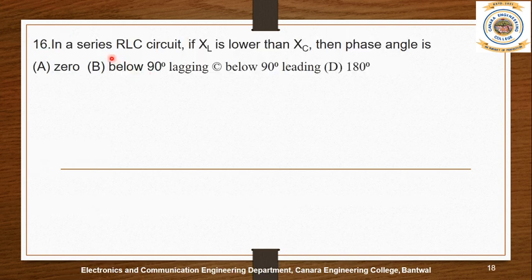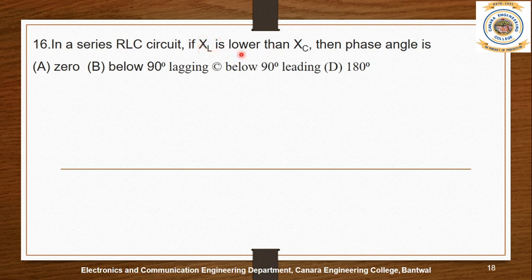Next, in a series RLC circuit, if XL is lower than XC, then the phase angle is 0, below 90 degree lagging, below 90 degree leading, or 180 degree. Now XL is lower than XC, so the equivalent reactance is capacitive in nature, because the difference becomes XC minus XL.